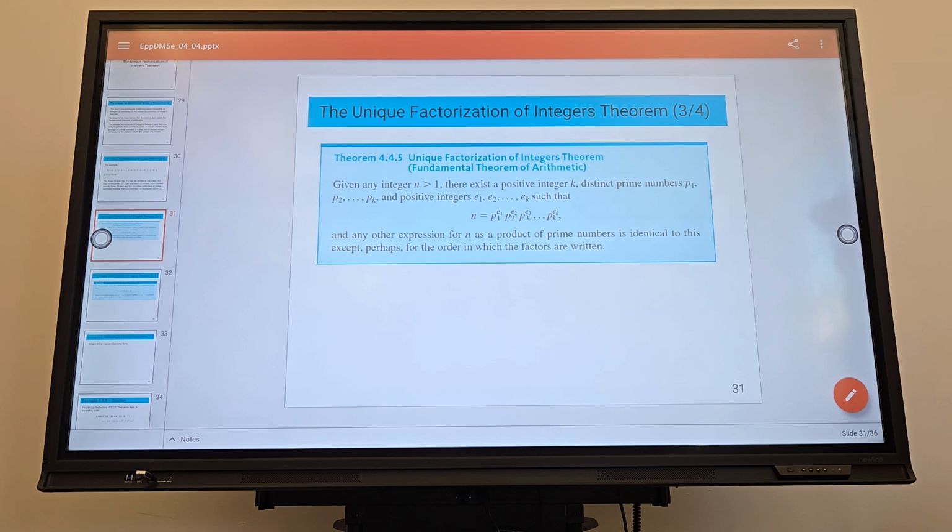Any other expression for n as a product of prime numbers is identical to this, except for perhaps the order in which the factors are written.